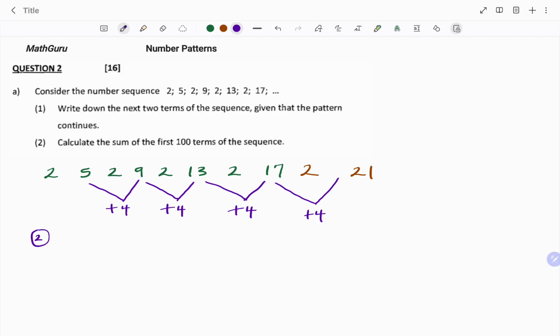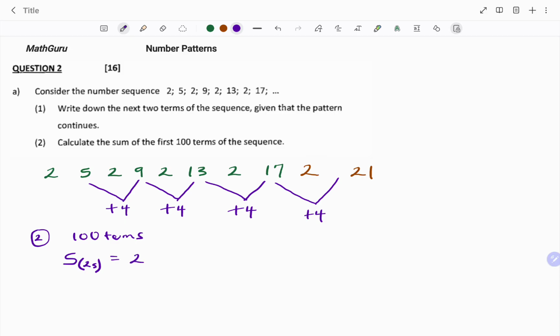For terms in 2s, I have 100 terms in total. So the sum of the terms in 2s will be half of the 100 terms, which is 50.